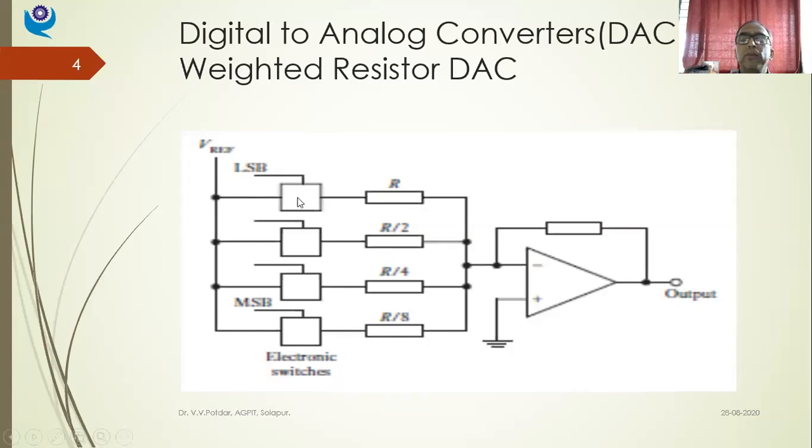When these switches are on, this line will be on and this reference voltage will be applied to my op-amp. When this switch is off, there will not be any reference voltage corresponding to resistance R at the inverting terminal. Similarly, based on whether each switch is on or off, the equivalent reference voltage will be supplied to the inverting terminal. So we are moving from least significant bit to most significant bit.